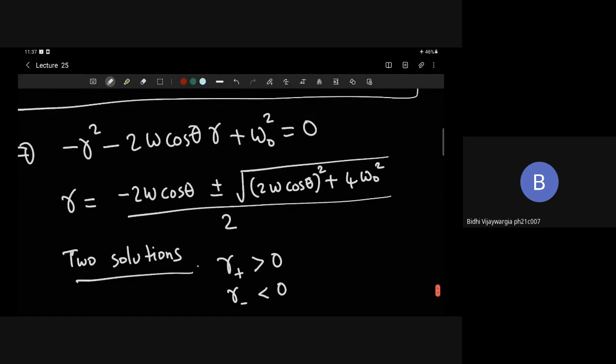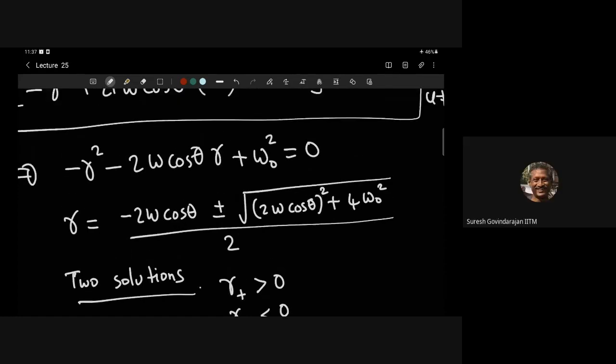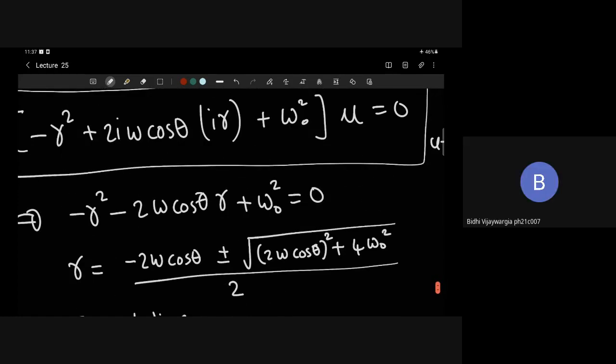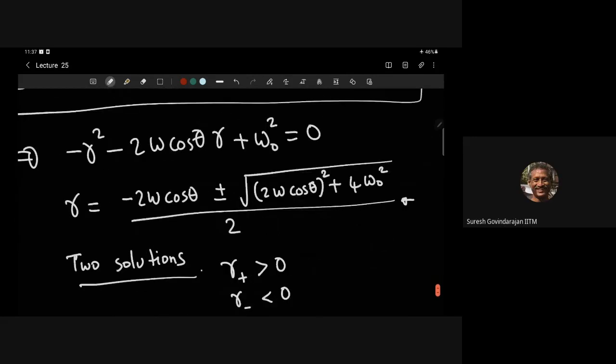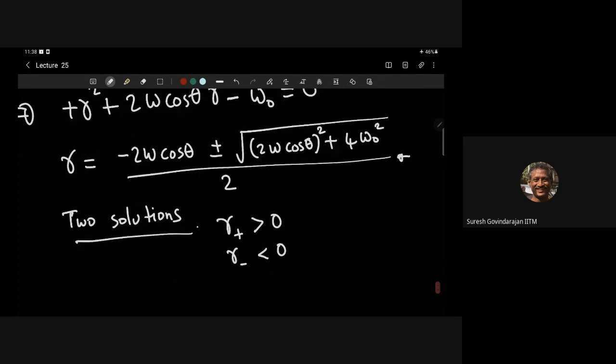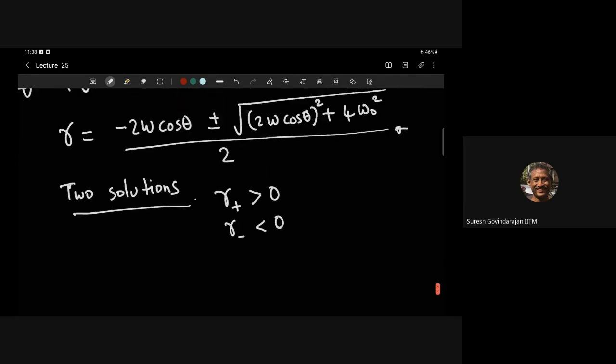Have I missed something? A is negative. I can do it this way: plus, and put a minus. I missed that, sorry. I make mistakes, don't worry.